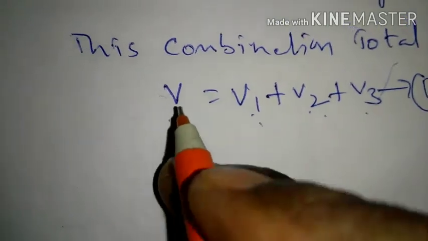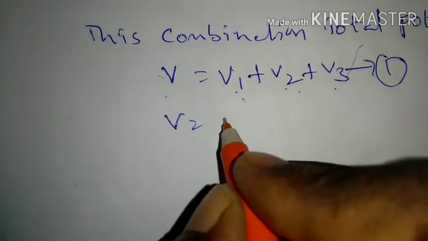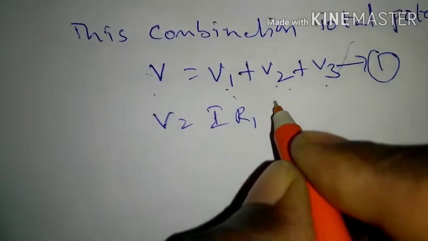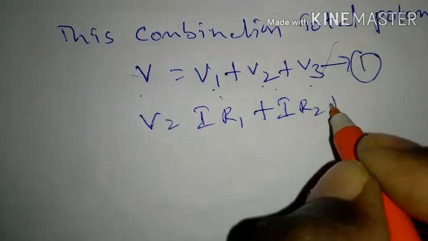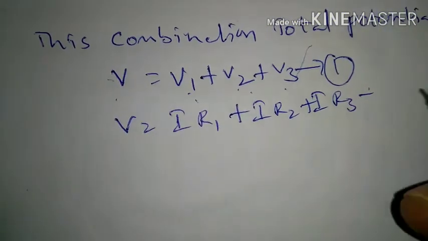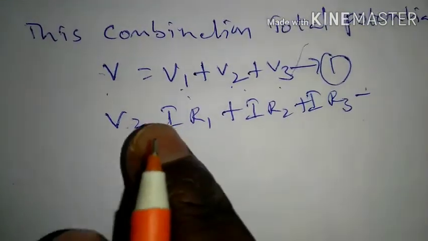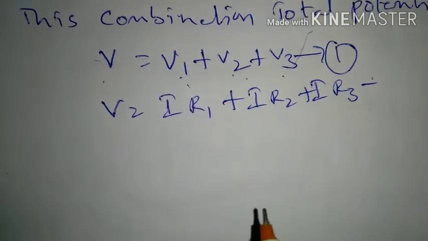From equation 1, V is equal to V1, that is IR1, plus V2, that is IR2, plus V3, that is IR3. So V is equal to IR1 plus IR2 plus IR3.